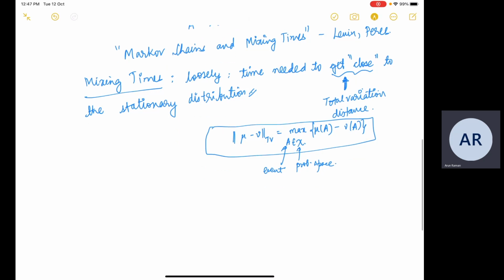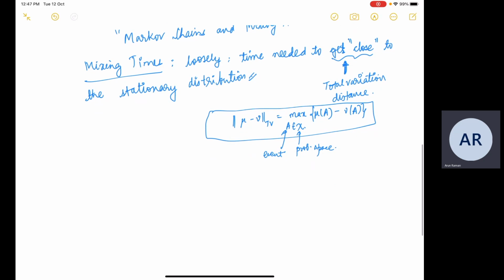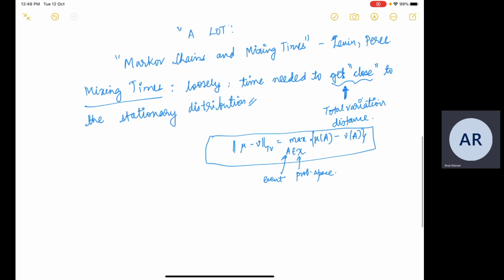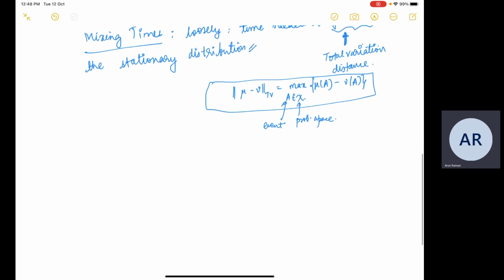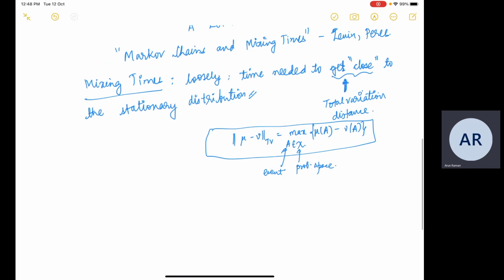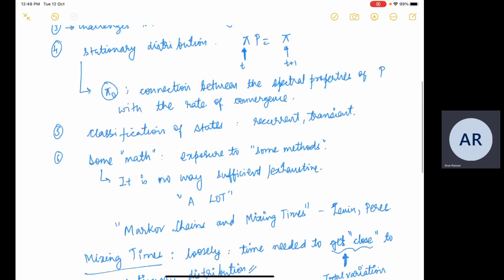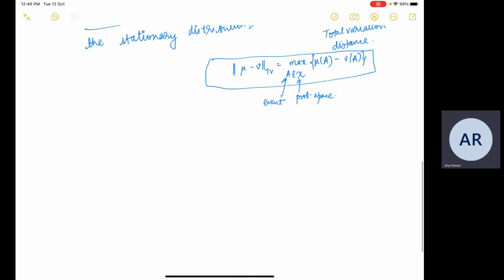But if someone is interested, they can read it from this textbook. I have not read it fully, but from what I read, it seems a decent textbook. So that is what we were discussing.